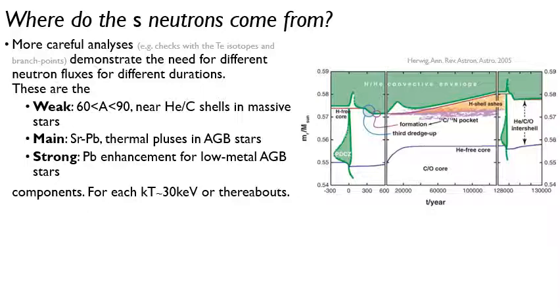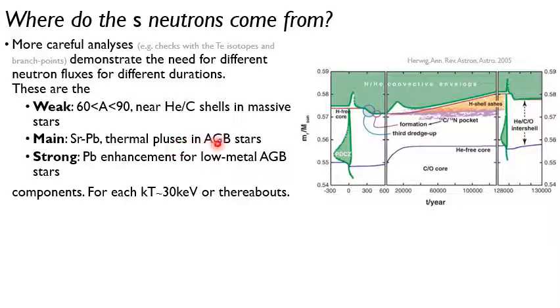So there's basically the weak, main, and strong S-processes, and these occur in different locations. Your weak S-process is helium burning in the cores of massive stars. And then the main and strong S-processes are in asymptotic giant branch stars, and you're producing just sort of the heavier elements.